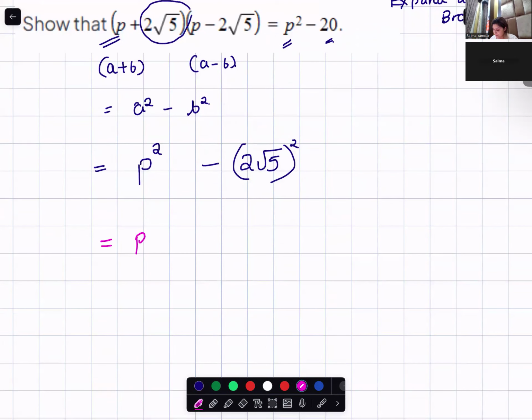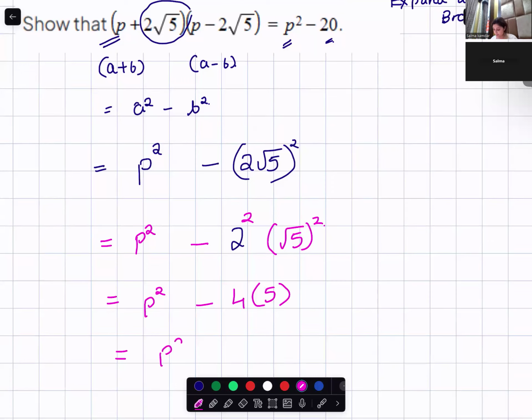Now I would expand this further. So this would become p square minus 2 square and root 5 the whole square. So this would become p square minus 2 square is 4 and root 5 square is nothing but 5.